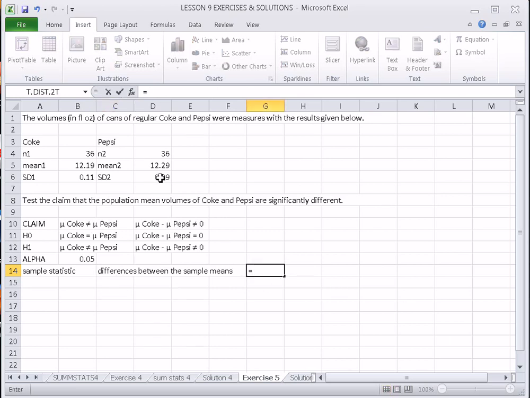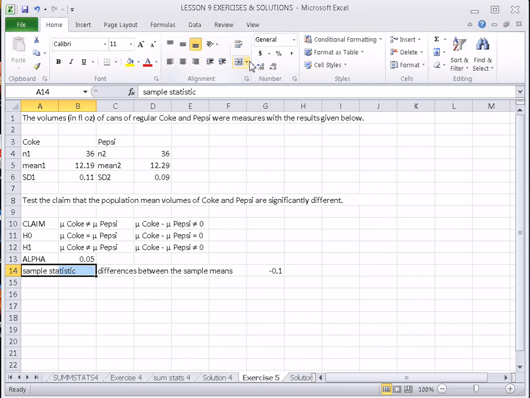We'll go in order here: the mean for the Coke minus the mean for the Pepsi. Notice it's negative here because the Coke was smaller. So our sample statistic is negative 0.1. The sample statistic is the difference between the means.